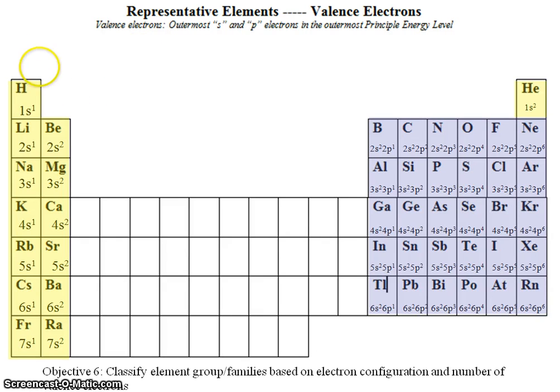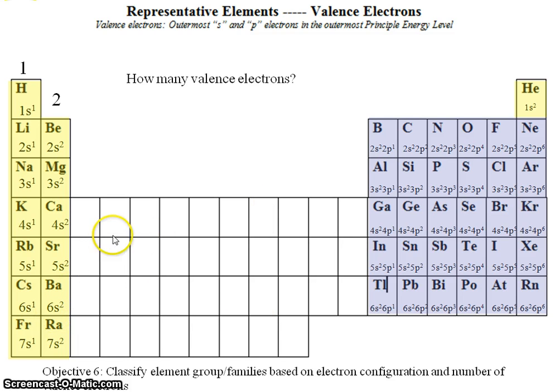So, for example, if we take a look at this first column and count the superscripts, any element in that first column will have one valence electron. So alkali metals have one valence electron. The alkaline earth metals, the second column, will have two valence electrons. We can see that here in the superscript all the way down.